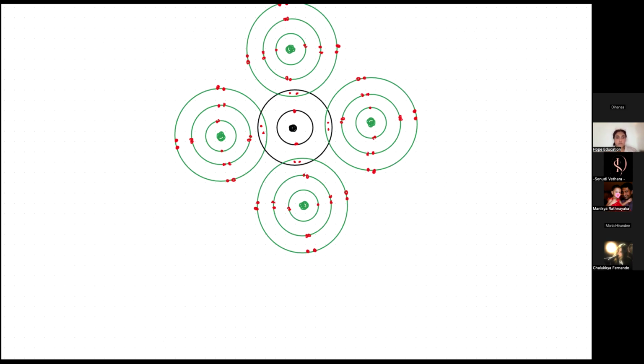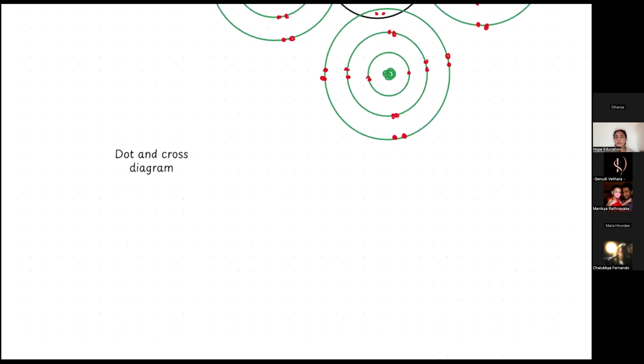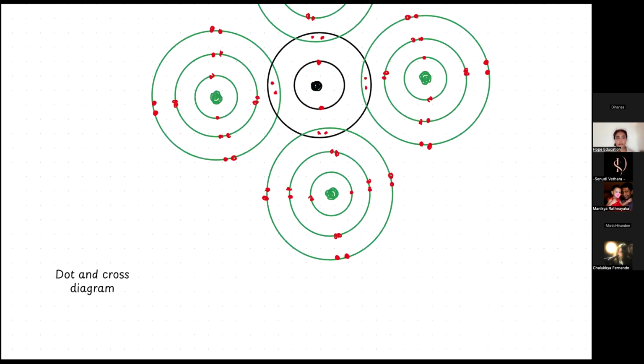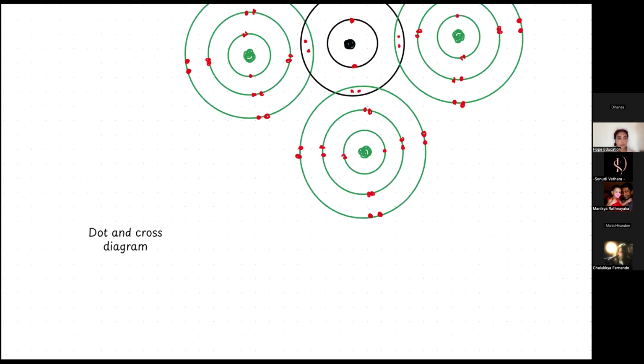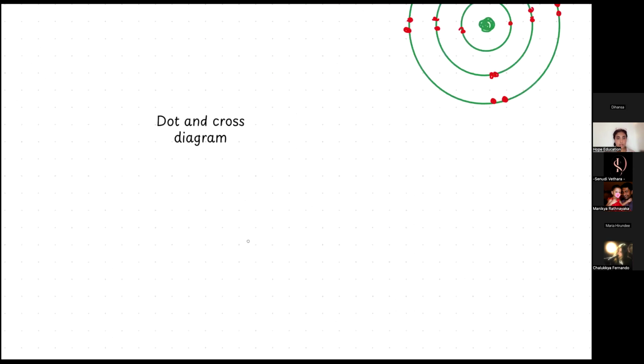So this is how you draw the dot and cross. Carbon has 4 electrons on the outside. I will show carbon with dots, drawn big so it is visible. Carbon, dot dot dot dot.